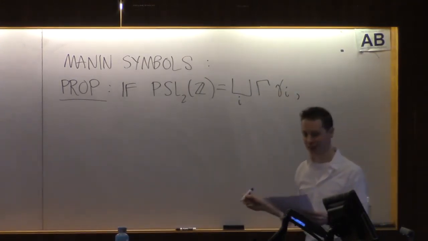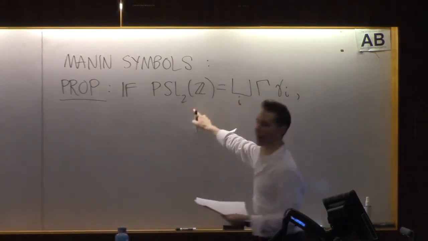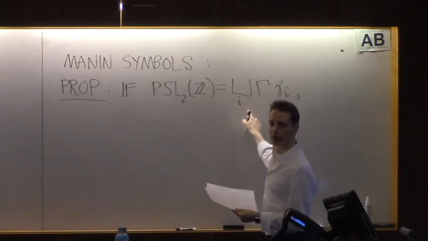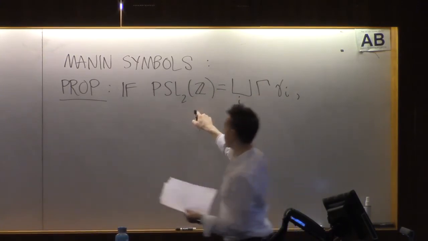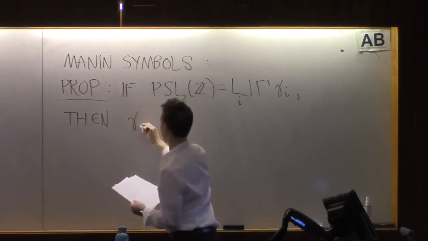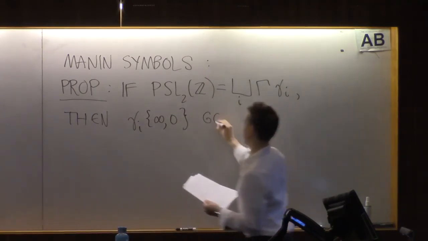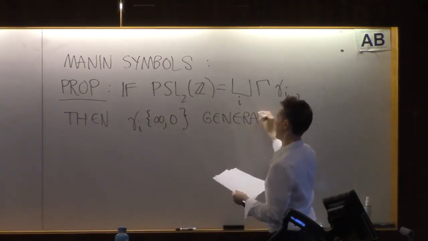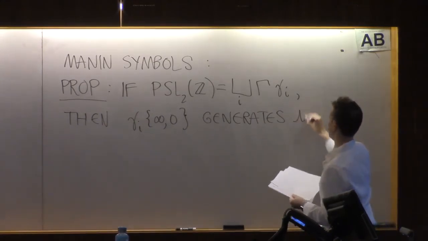They're right cosets, left. Okay, so if you write it as gamma, which is of finite index, there will be exactly as many of these cosets as the index of the group. Okay, so if you write it like this, then what's the generalization? The answer is that the gamma-coset translates of the symbol infinity 0 generate M2 of gamma.